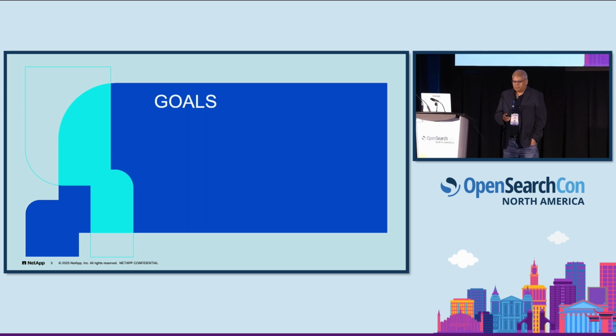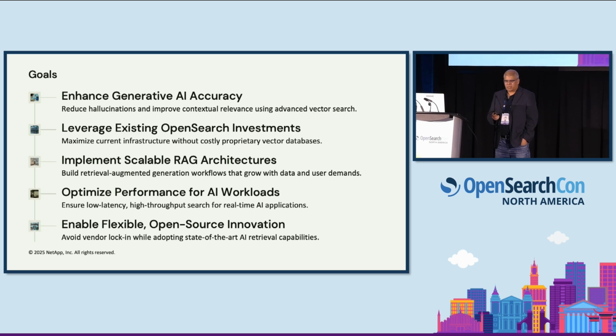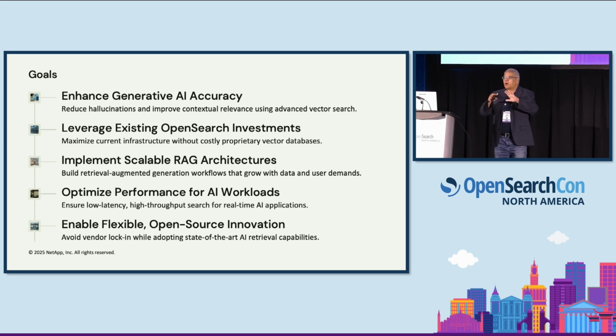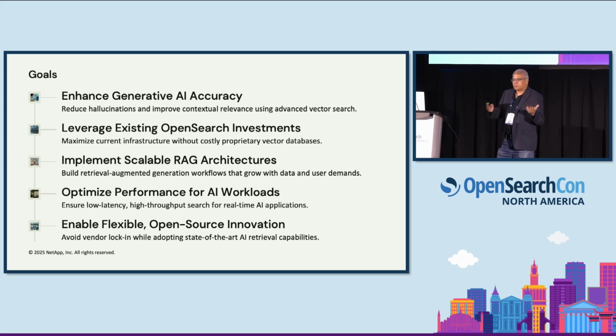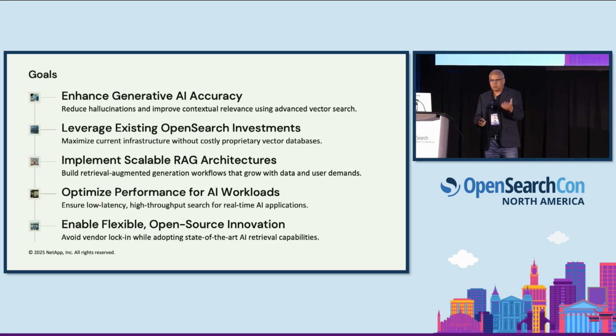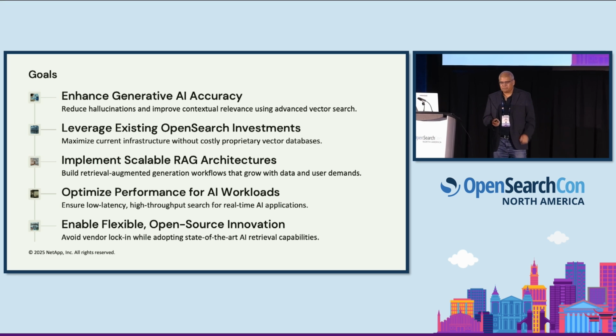All right. So some of the goals for this session are to enhance GenAI accuracy, reduce hallucinations, improve contextual relevance. And you are at an OpenSearch conference, so most of you are already using OpenSearch. So how to leverage the existing OpenSearch investment? We'll talk about that.